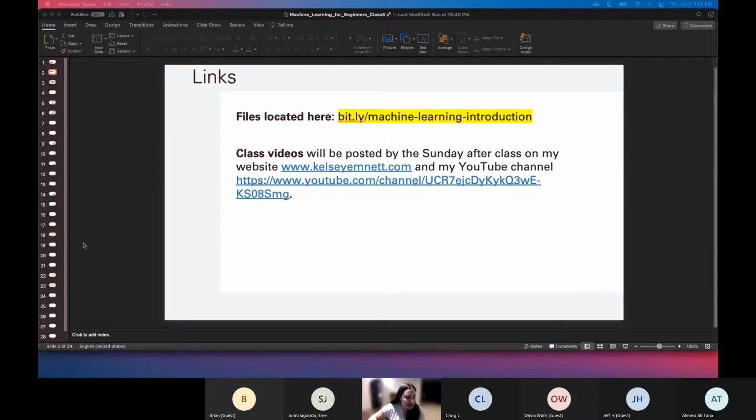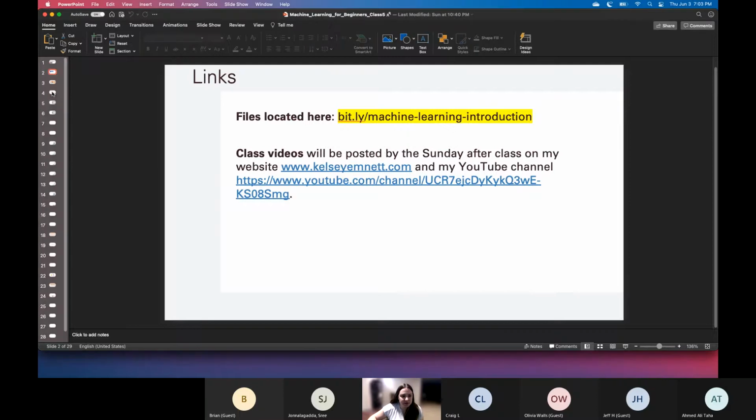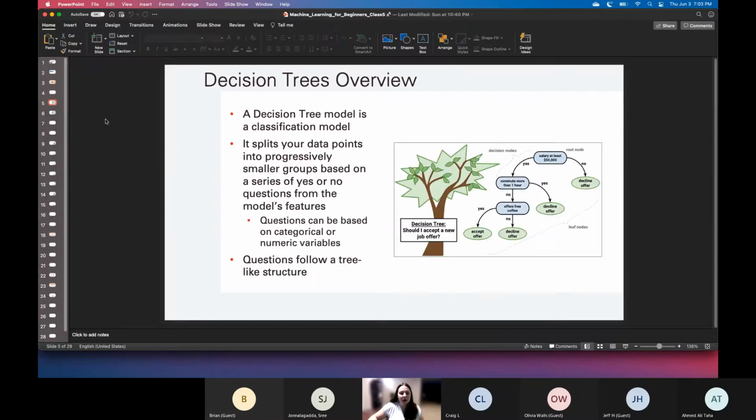into two classes. So the way that you should think about this is that decision trees are the basis of, or the building blocks of, random forest and gradient boosted trees.